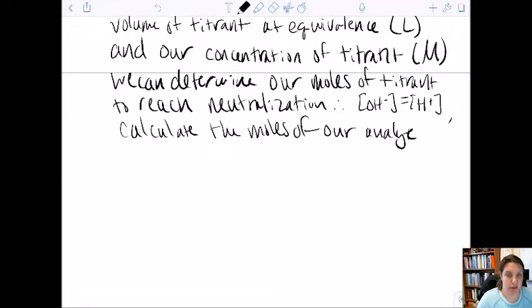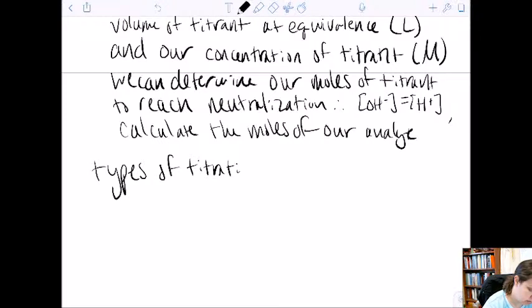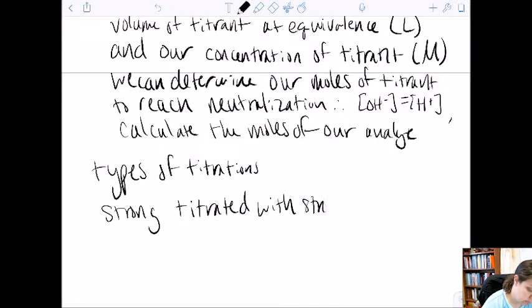Okay, so generally we think about our types of titrations. We're going to have a strong acid or base titrated with strong, or a weak one titrated with strong.